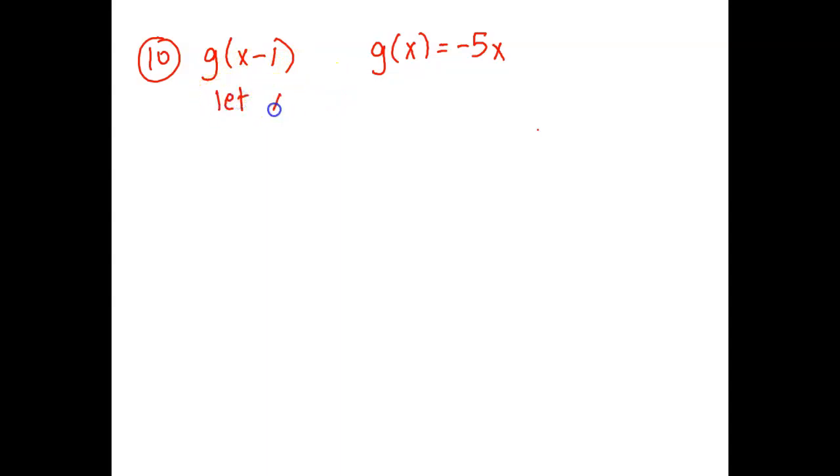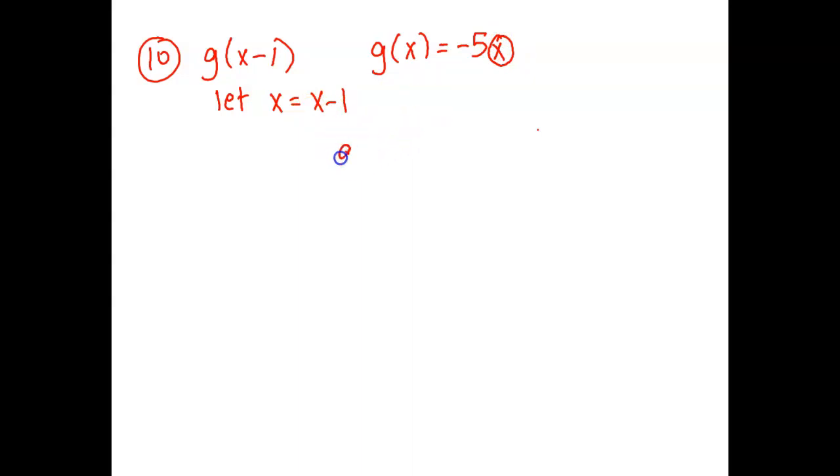Okay, so now let's look at number 10. Number 10, we've got g of x minus 1. Now if you look at the top, the g function, g of x, is equal to negative 5x. So here, what's in parentheses? Well, in this case, my x is actually going to be equal to x minus 1. So now every time I see an x right here, I'm just going to put in that expression.